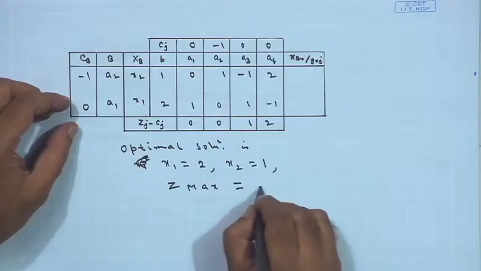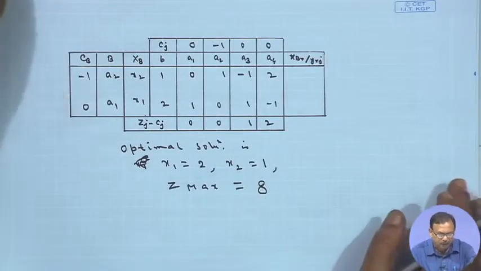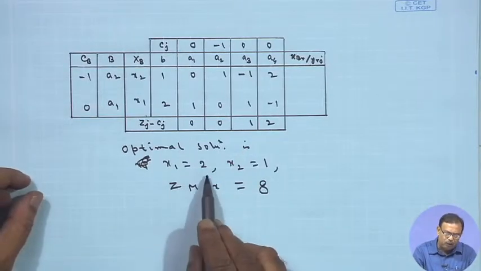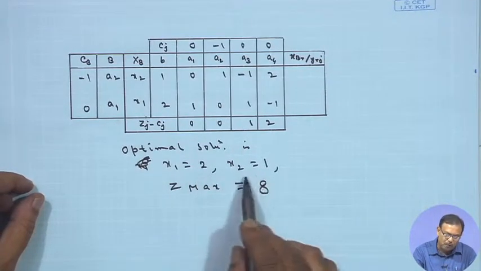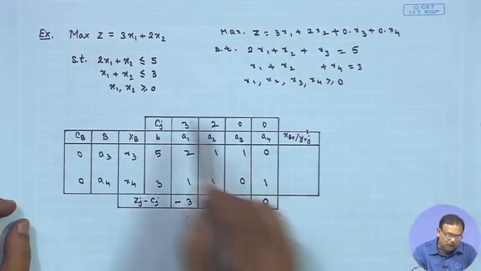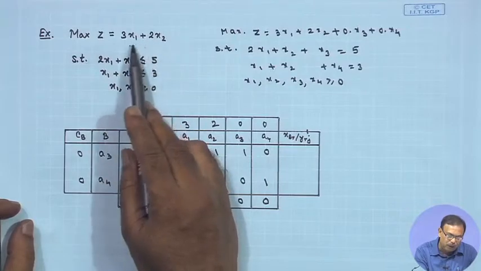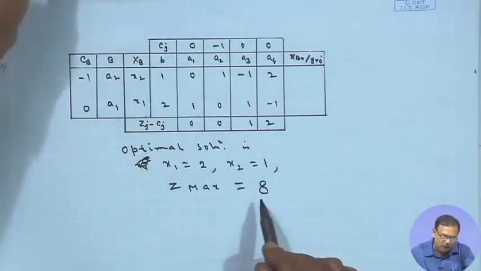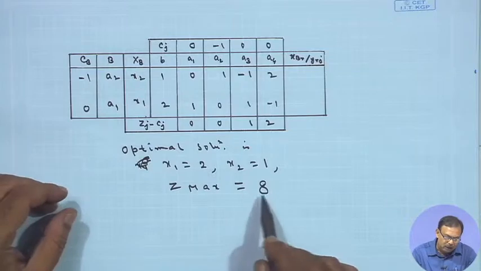Your original problem, it is 3x1 plus 2x2 that was there. So the optimal solution is x1 equals 2, x2 equals 1, and the maximization problem was z equals 3x1 plus 2x2, and from here I can obtain the value as 8.